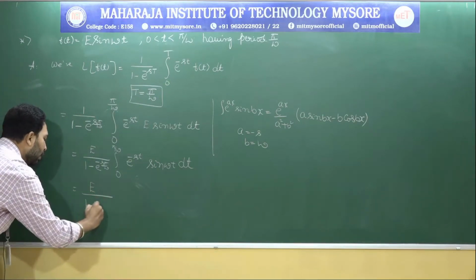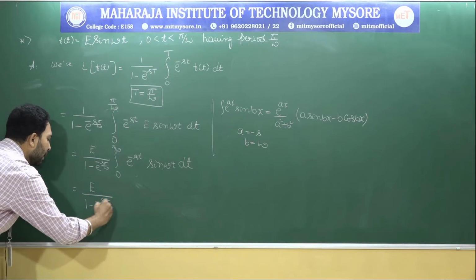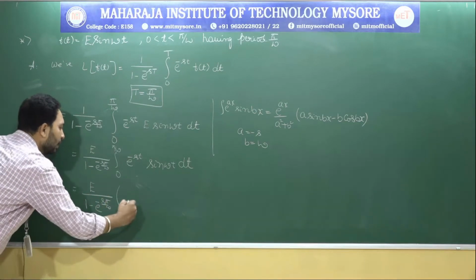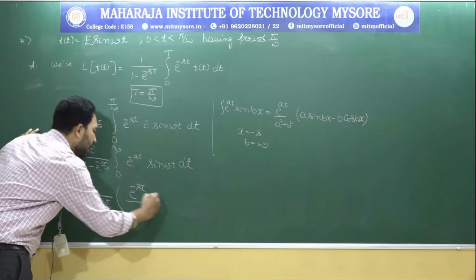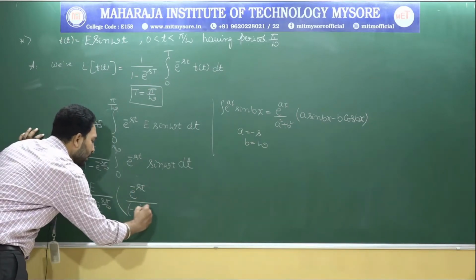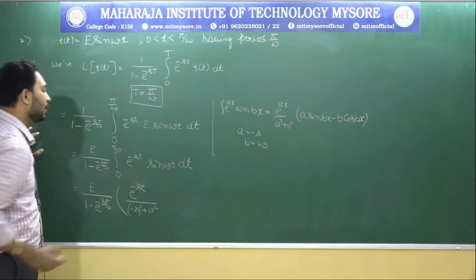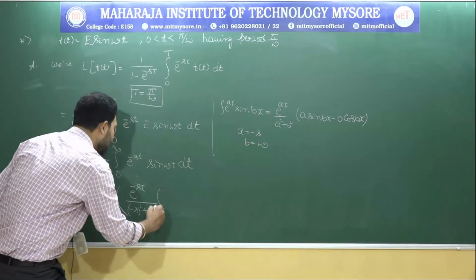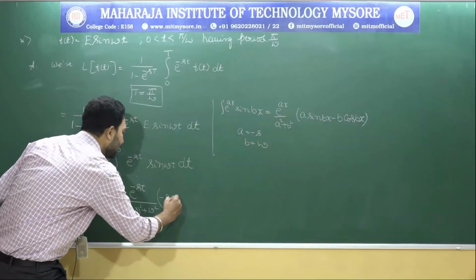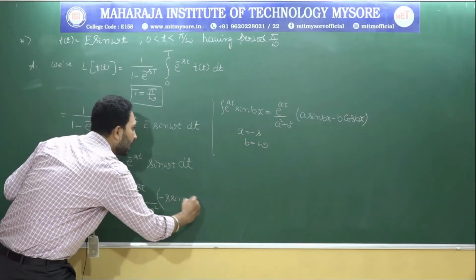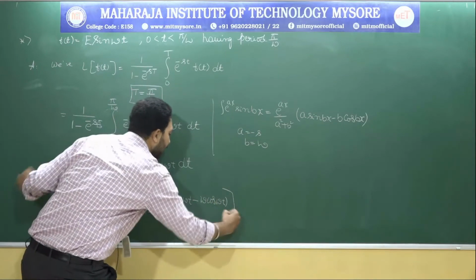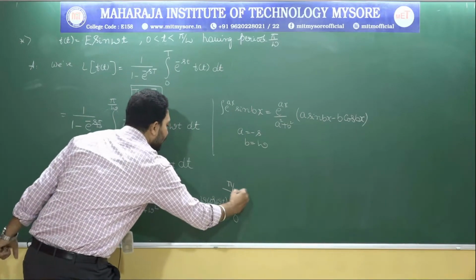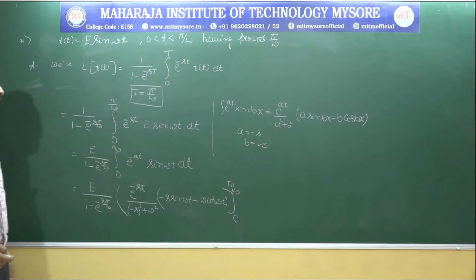e divided by 1 minus e power minus s pi by omega into e power minus st divided by a, minus s whole square plus omega square, into a into sin bx. What is a? It is minus s into sin omega t minus omega into cos omega t, limit from 0 to pi by omega.